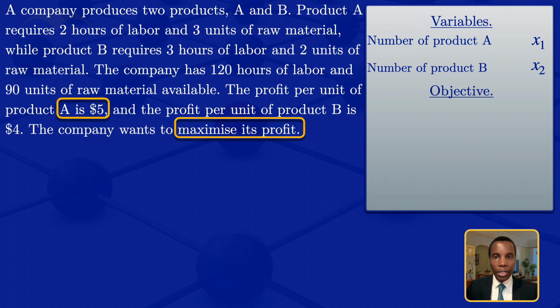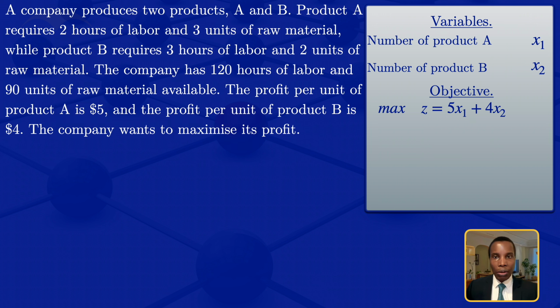Then we look at the profit for each product B item. It's a 4. So the total profit from product B items will be 4 times the number that we are making, which is x2, so it will be 4x2. In terms of the total profit, we'll be adding the profit from product A and from product B. So we need to maximize Z, which is equal to 5x1 plus 4x2. That's our objective function.